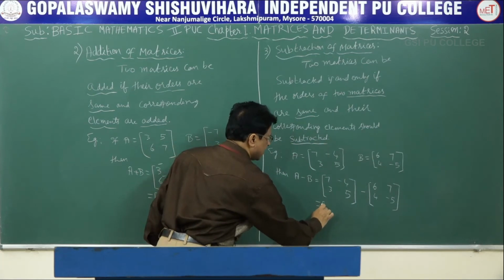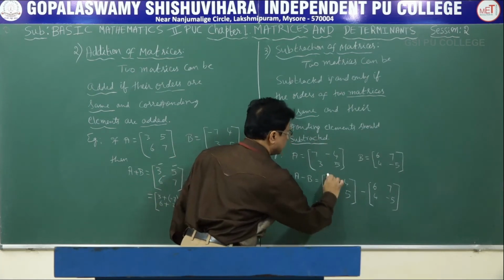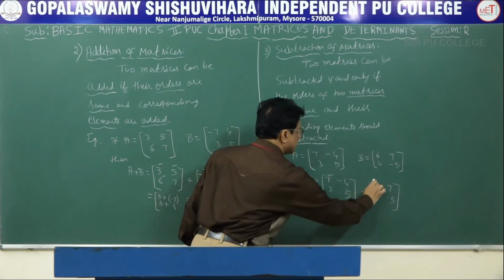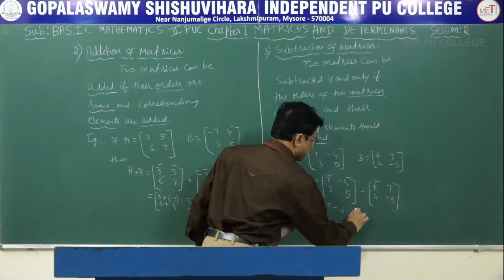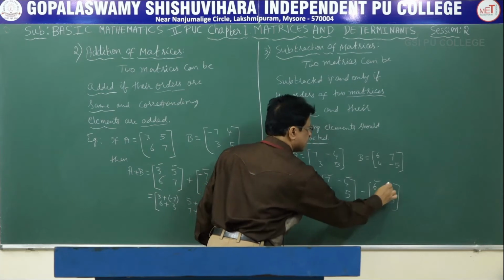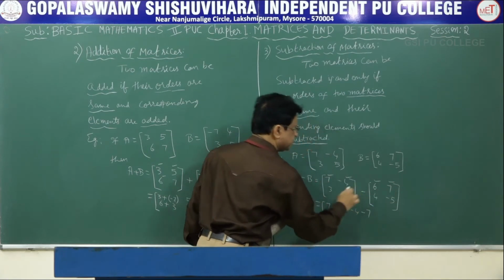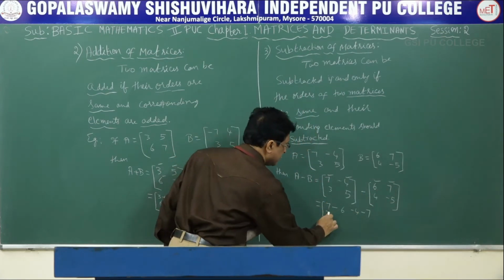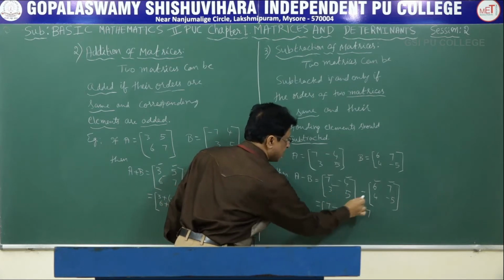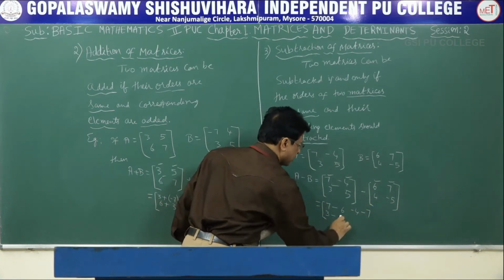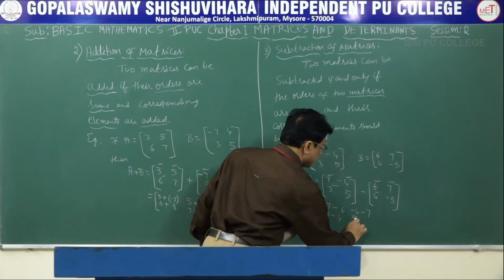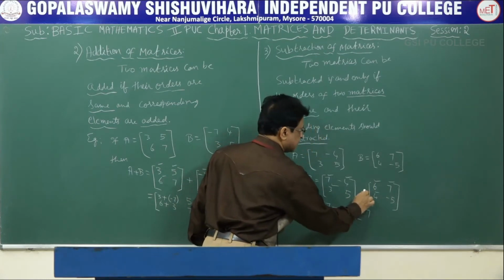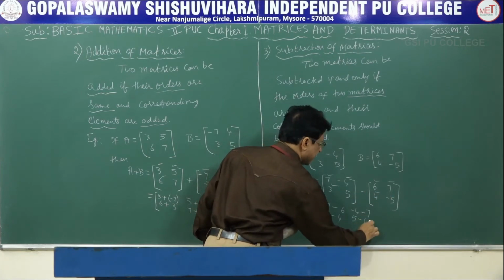So this will be equal to 7 minus 6, -4 minus 7, 3 minus 4, 5 minus -5.